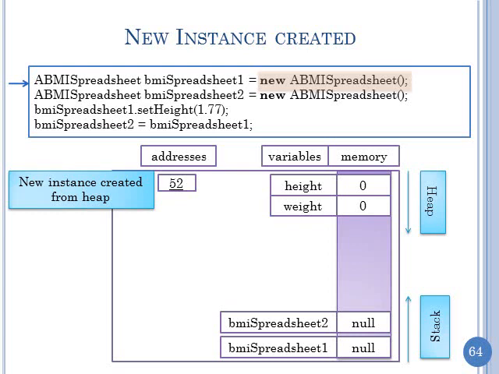Should I copy that whole area over here? It will be assigned the address of the object. And what's the address of the object? The object has two variables, height and weight. So where do you think the address will point?